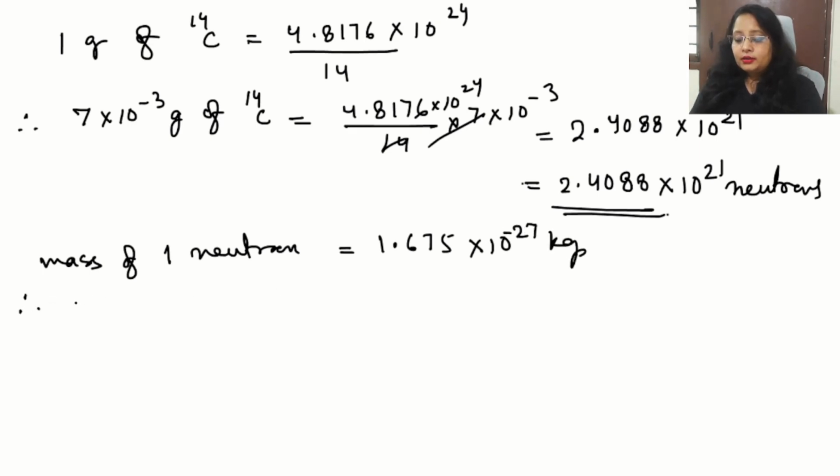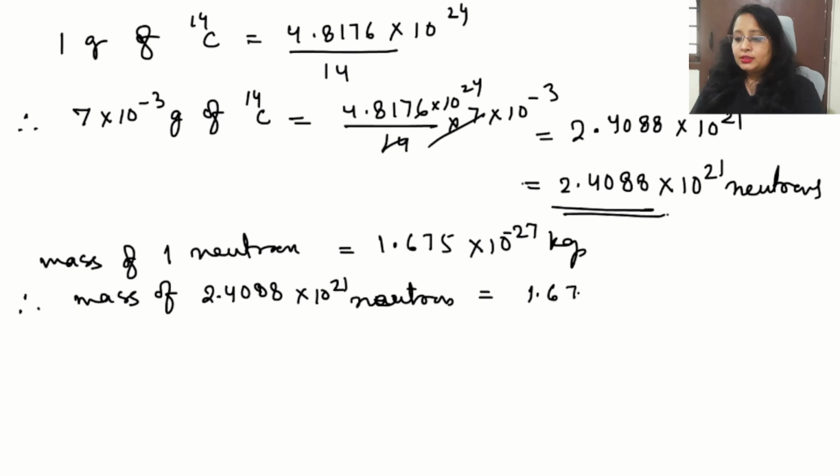So the mass of 2.4088 into 10 to the power 21 neutrons is directly multiplied: 1.675 into 10 to the power minus 27 multiplied by 2.4088 into 10 to the power 21.